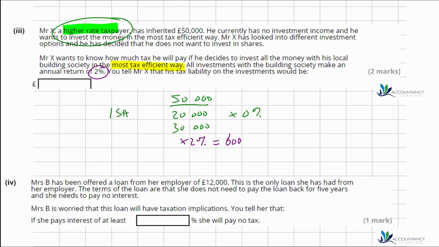So of that £600, £500 would be covered by the allowance, so there's no tax to pay on that. And then there's the remaining £100, which would incur tax at the 40%. So overall, there would be £40 of tax to pay.